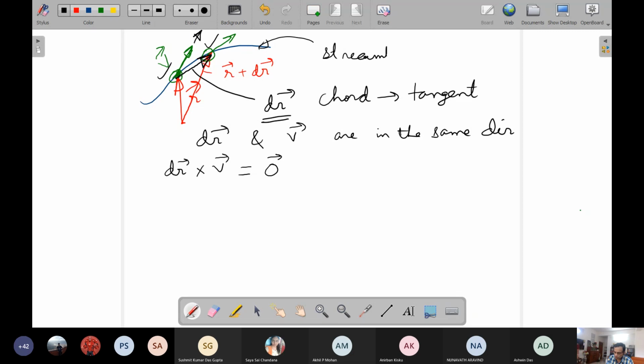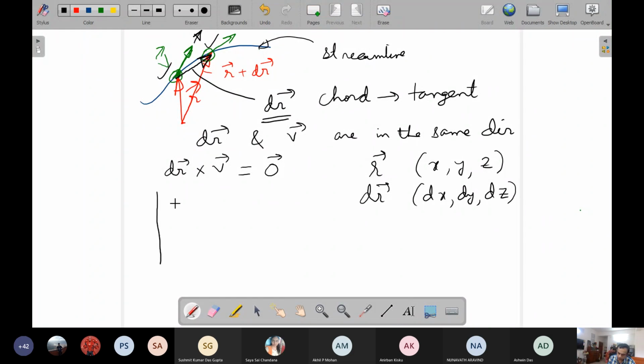So now comes the role of the coordinate system. The role of the coordinate system comes in the fact that when you are having r in the Cartesian coordinate system, you represent these by x, y, and z coordinates. So dr is dx i, dy j and dz k.